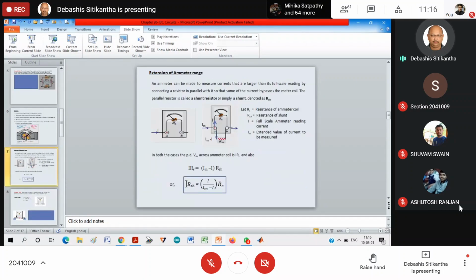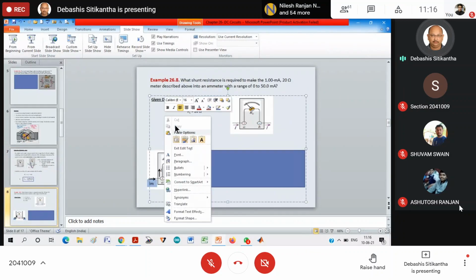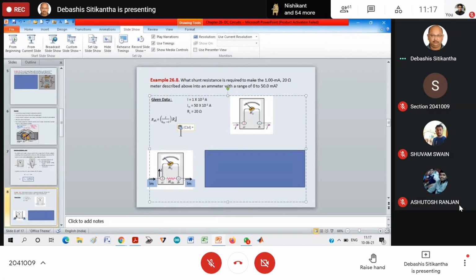So this is the formula. So we'll use this formula over here. Sir, 0.4 ohm. No, please be very sure that it should be up to 3 decimals because it is a very small resistance.